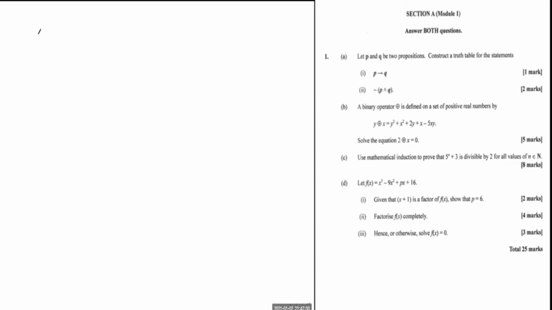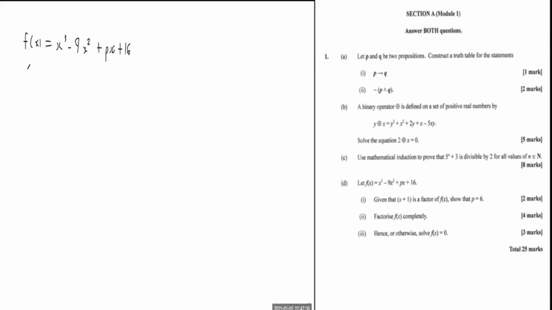All right, so you write that down. x cubed minus 9x squared plus px plus 16. And then what they want us to show is that p equals 6 given that x plus 1 is a factor.